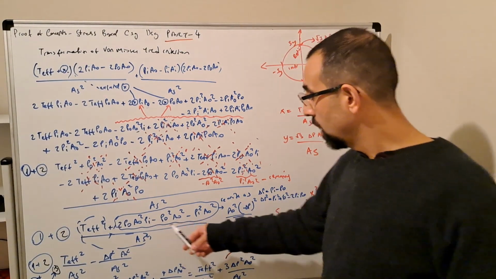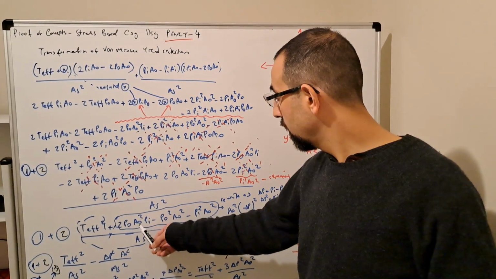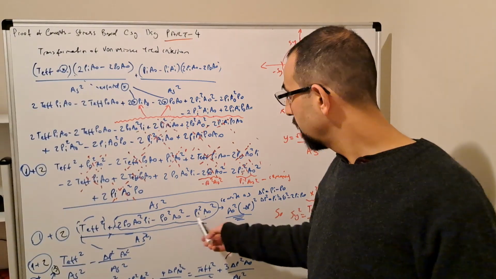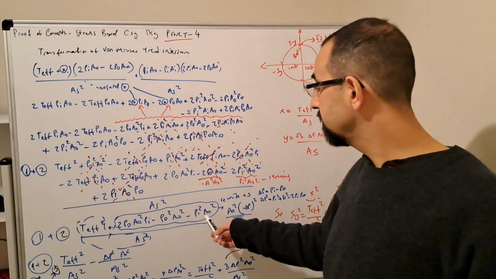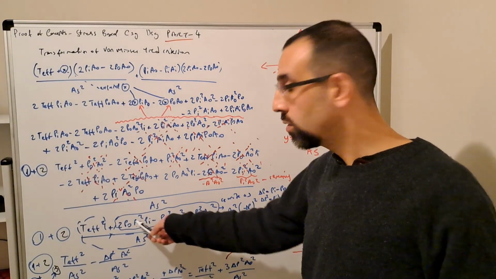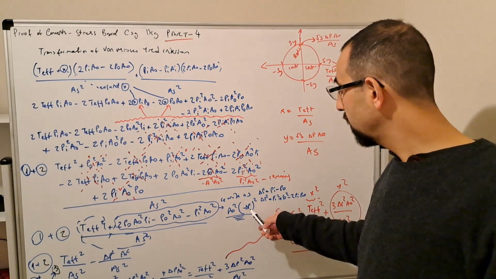As you notice, you could take the outer area squared as a common item. So you take this outside the bracket and group these items, and as you notice, this will give a delta P squared.